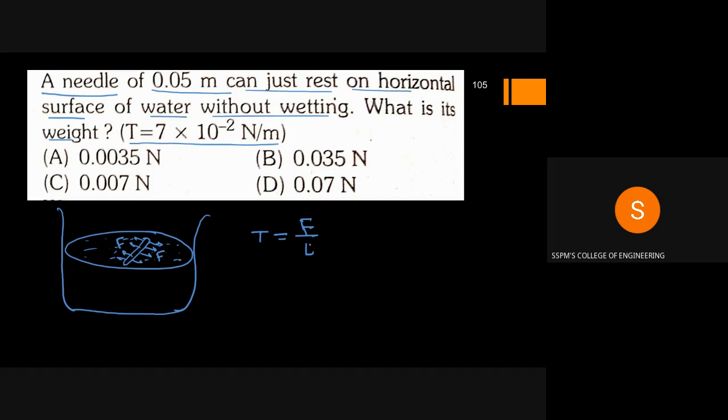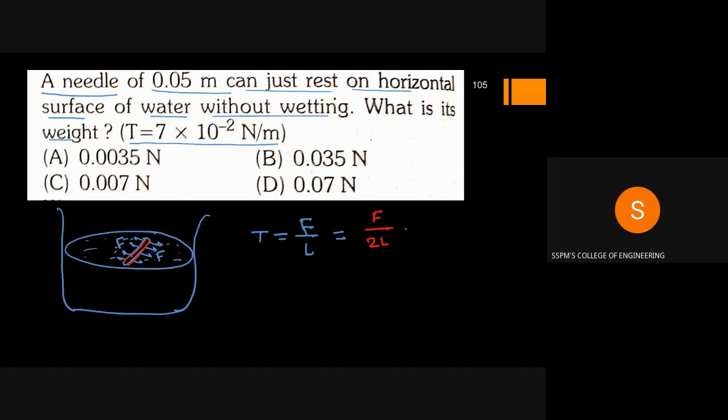Now in case of the needle, we have to take the length on both the sides. So this length is L, and again this length is L. Okay, so this total length will be 2L, so T equals F divided by 2L. So this is for the needle which is floating on the free surface of the liquid, and here F is nothing but the weight of the needle.